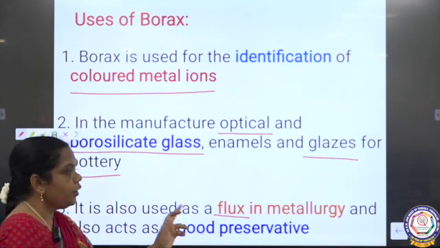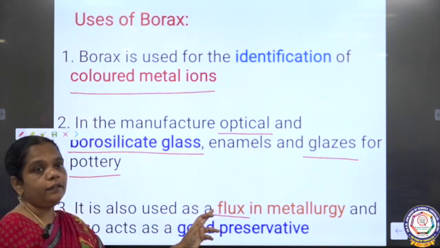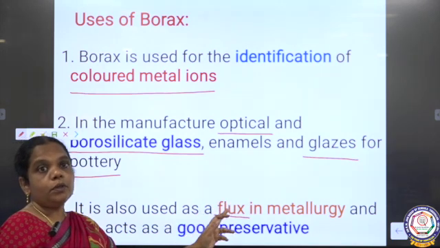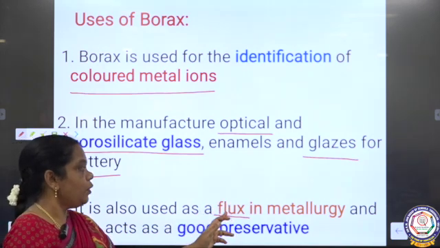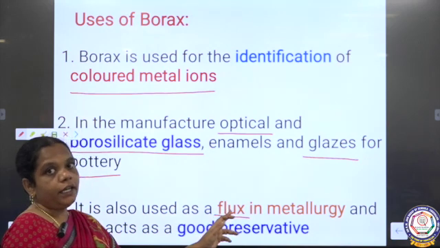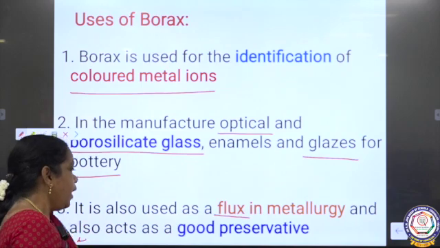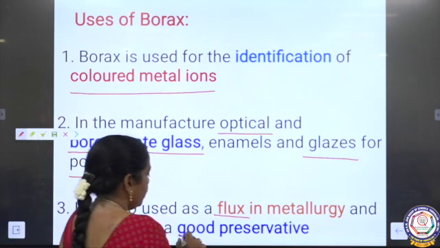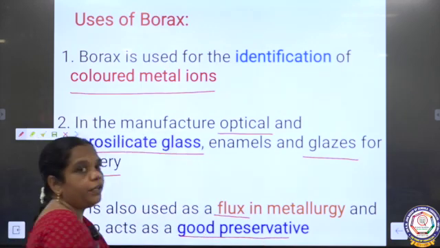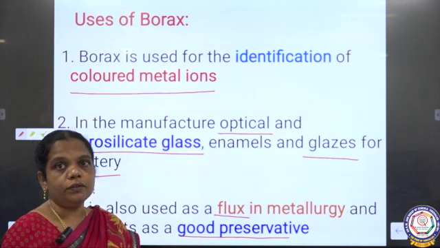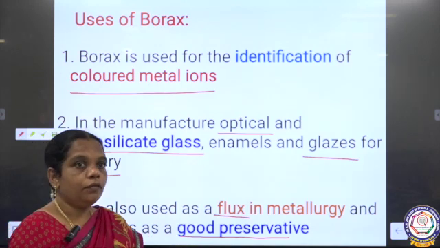In metallurgy, borax reacts with the gangue particles present during the reduction and forms a fusible mass, that fusible mass is called flux. By that we can remove the impurities. It is also used as a good preservative in preserving food items.